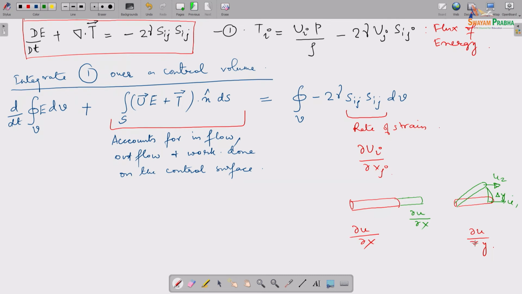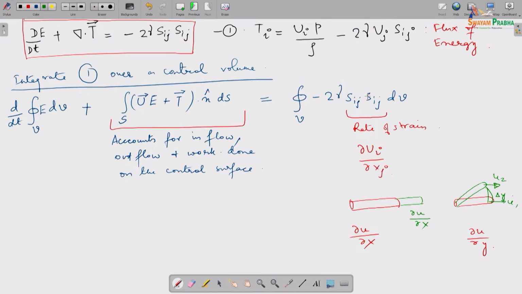What this is representing is del u del y, which is a change in the x component of velocity in a direction perpendicular to it, in this case y. So then you have something like a rotation of the fluid element.